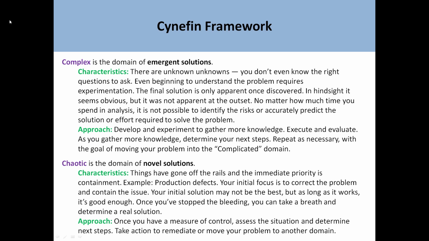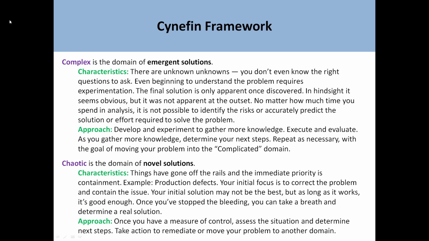Here, obviously, the situation is very complex or very challenging because you don't know anything. So to know anything, you will do experimentation, and obviously in experimentation you can fail as well. So just be careful, and once you do the experimentation, you get the knowledge, and based on the knowledge you take the next steps.